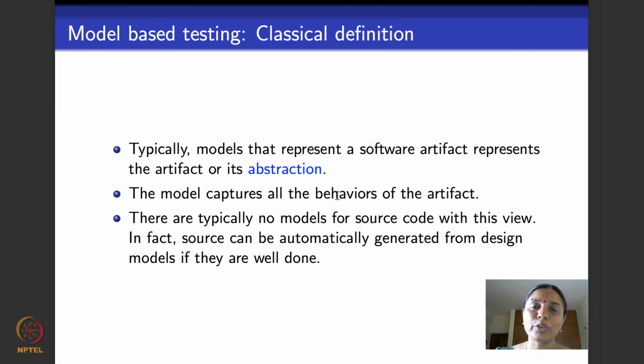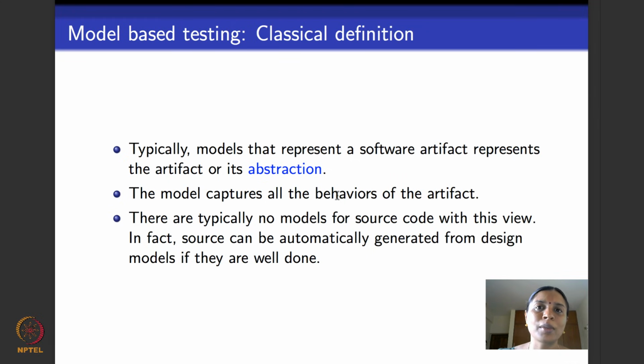Typically, a model is supposed to capture all the behaviors of the particular software artifact, and it is for the user to ensure that the model of the software is accurate and good enough to meet the required expectations. If the model that you build of the software artifact is itself wrong, then obviously the test cases and everything else that you do with the model are also going to be wrong.